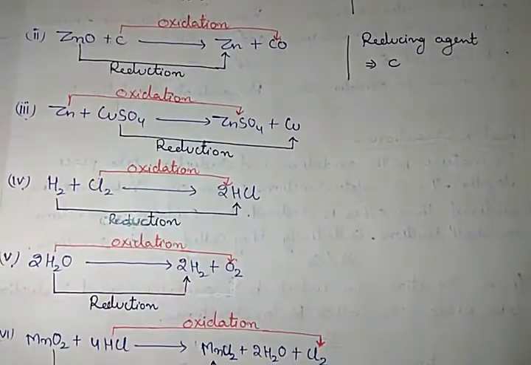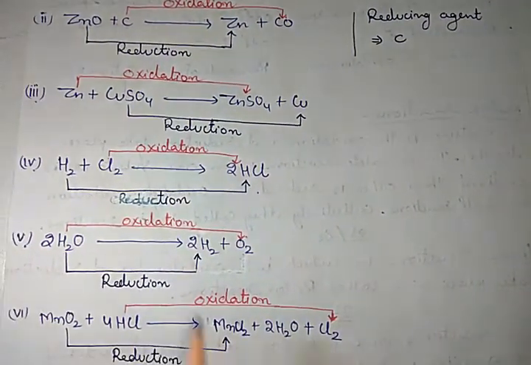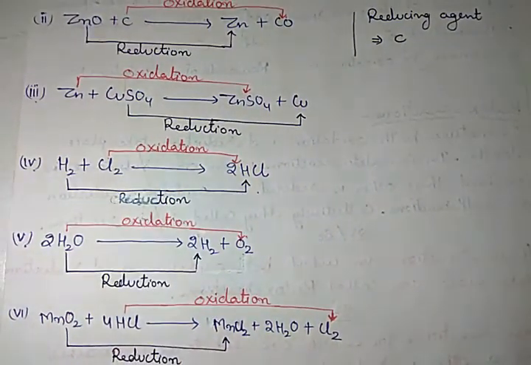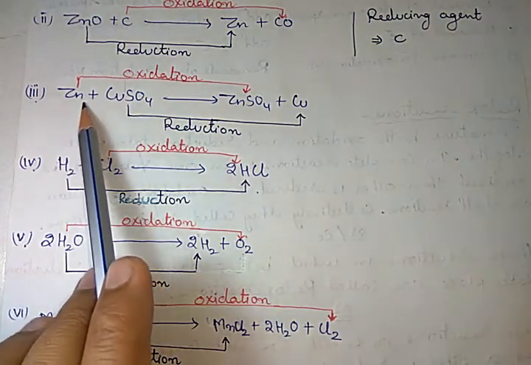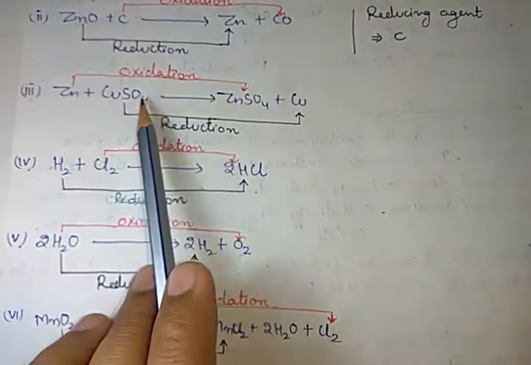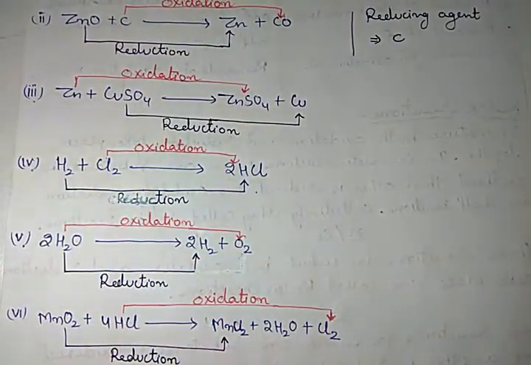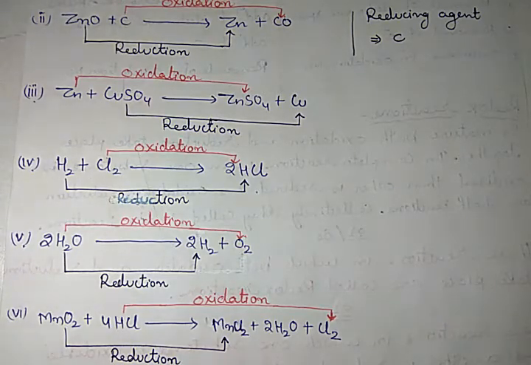Clear? Now the next one, zinc reacting with CuSO4, copper sulfate, and the products are zinc sulfate and copper. If you consider here SO4, that is sulfate, it has a negative 2 charge.